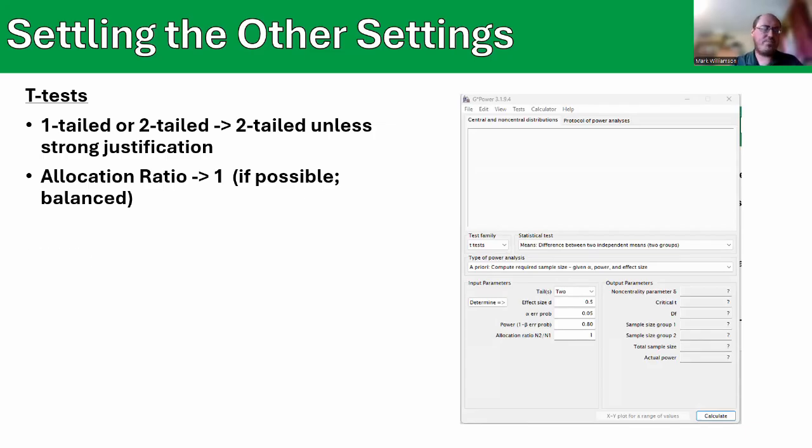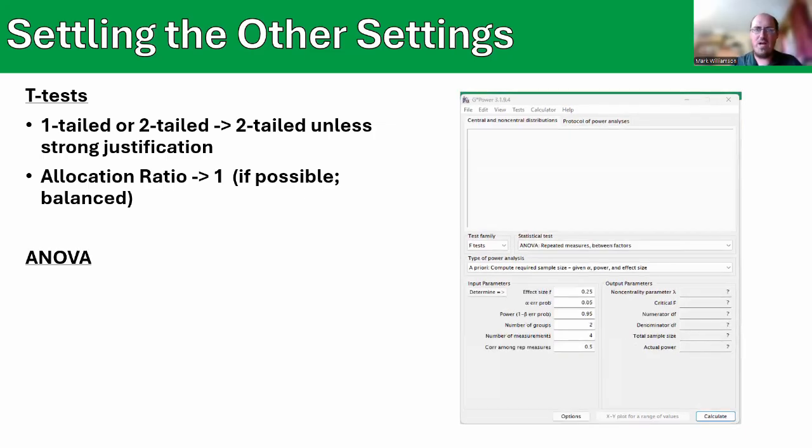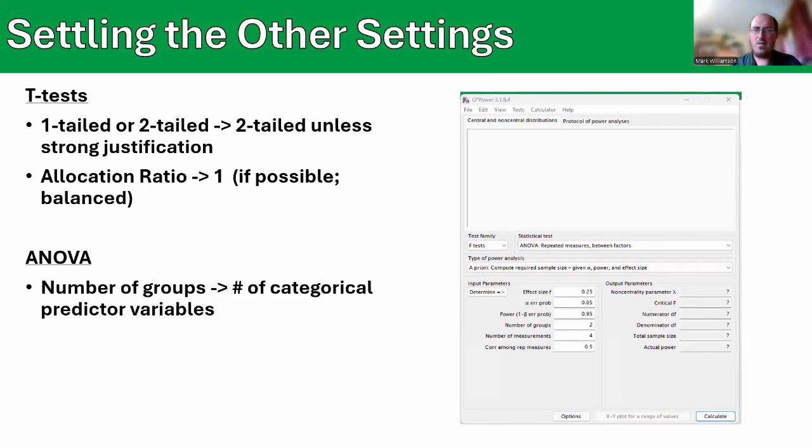For ANOVA, there's a couple additional things that you might need to plug in here. For just any sort of ANOVA, you're going to need the number of groups. So that's the number of categorical predictor variables. In a t-test, there's two groups, treatment, control, whatever. In ANOVA, it could be treatment one, treatment two, control, maybe positive control, negative control.